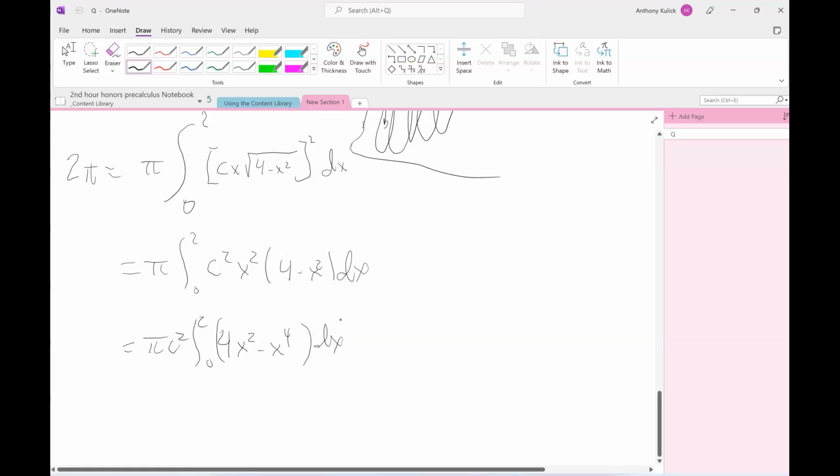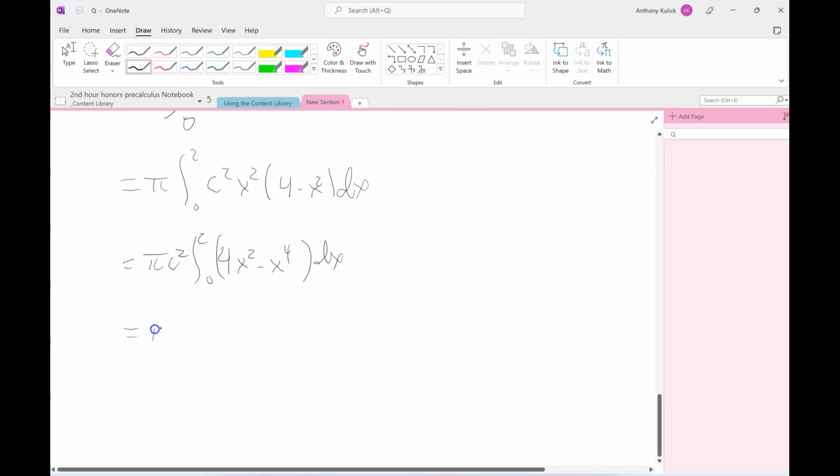And now, Anthony, this is a place where we can split the integration, right? Since the two terms are being subtracted. So we have to be a little bit careful there. We could do that.